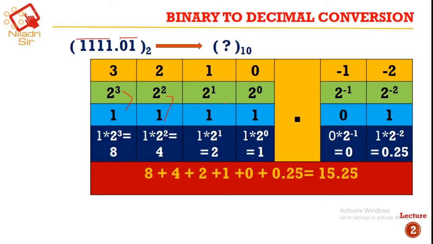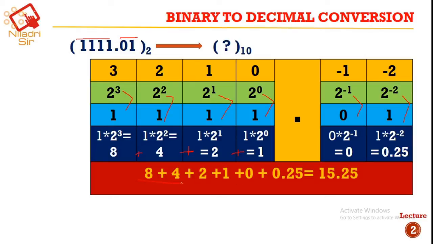So we'll multiply these two numbers, these two, these two, these two, these two, and these two. After multiplication has been done, then we'll add all the numbers: 8 plus 4 plus 2 plus 1, plus 0.25.